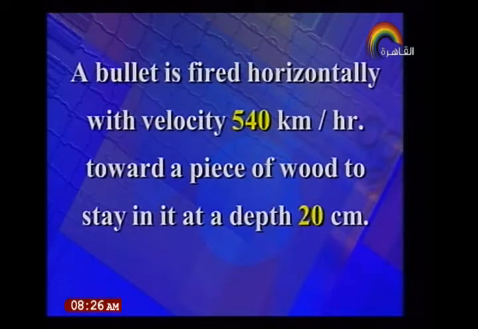We have a bullet fired horizontally with velocity 540 km per hour towards a piece of wood, to stay in it at a depth of 20 centimeter, or moving in the wall 20 centimeter distance.